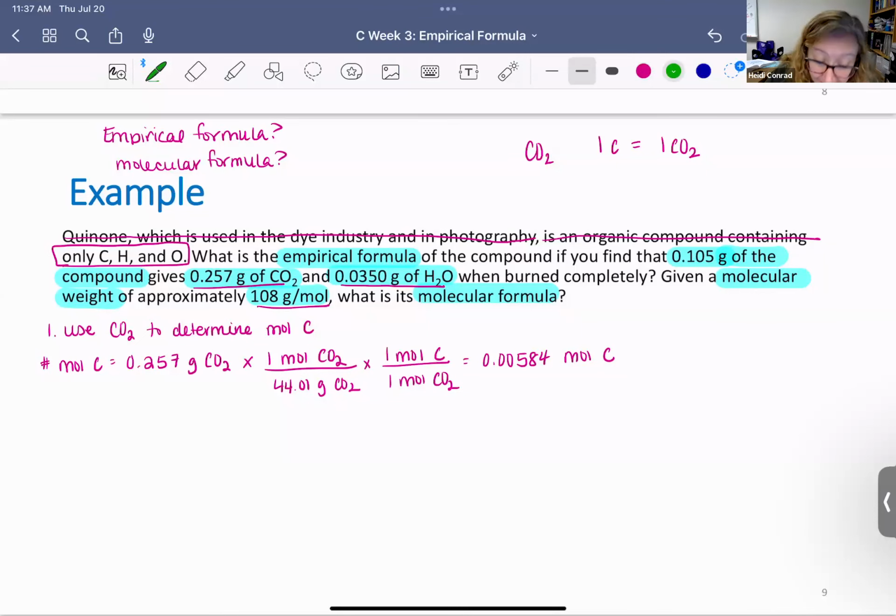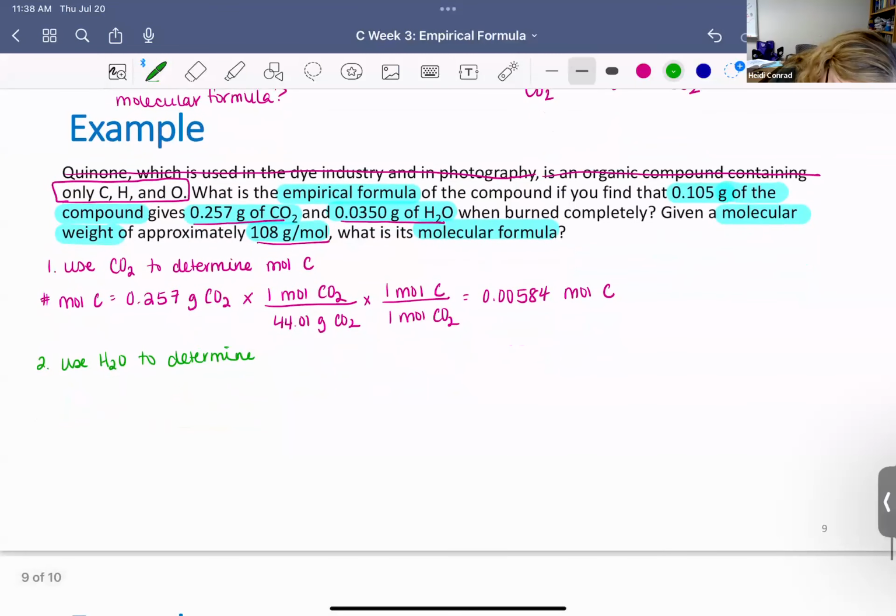I'm going to do the same thing for hydrogen. Use the H2O to determine moles of hydrogen. So number of moles of hydrogen, I start off with 0.0350 grams of H2O. Convert that to moles of water. 1 mole of water is 18.02 grams.